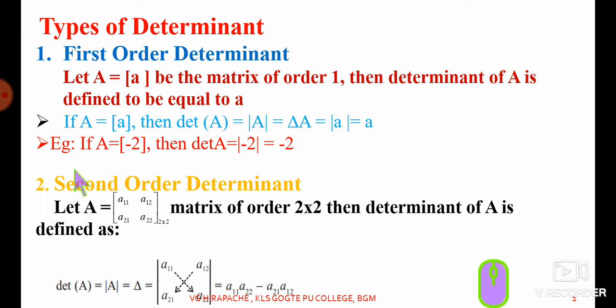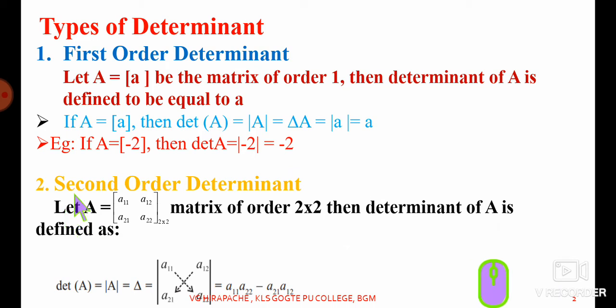For example, if A is a matrix of order 1 cross 1 containing minus 2, then det A, the determinant of A, is equal to the determinant of minus 2. The simplification of a first order determinant is that number itself, minus 2.